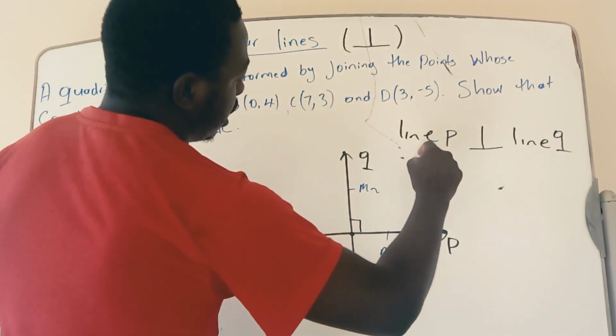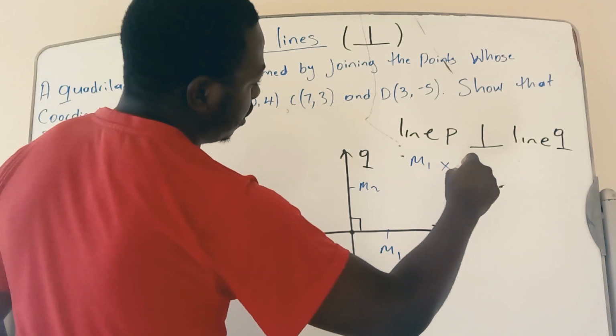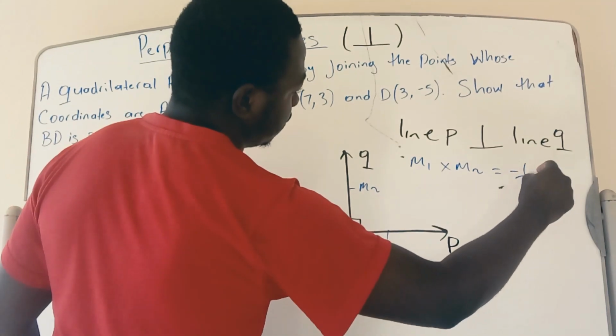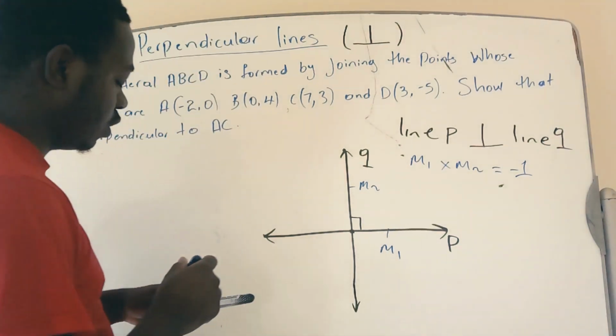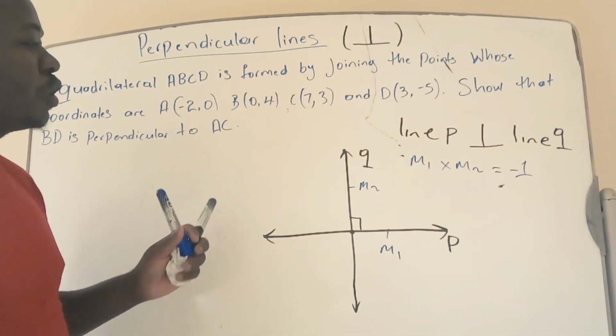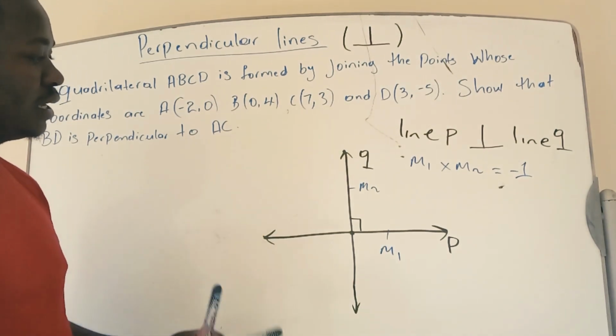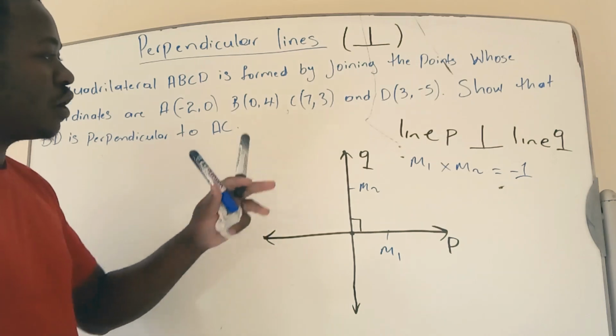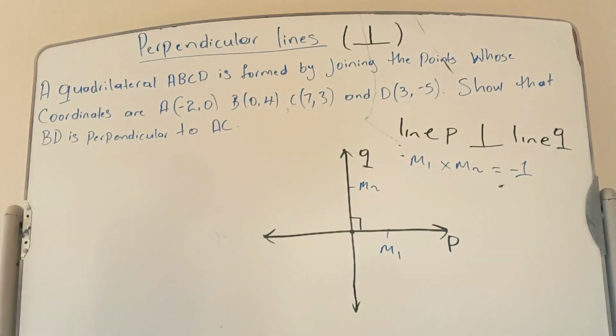Then M1 times M2 must equal -1. And those are the conditions that you use to determine if a line is perpendicular or not. They must meet at 90 degrees and the product of their gradients must equal -1.